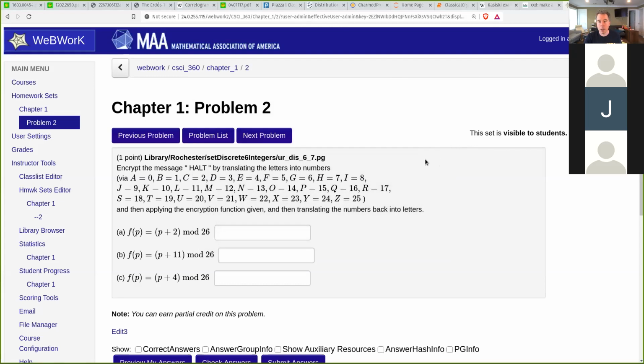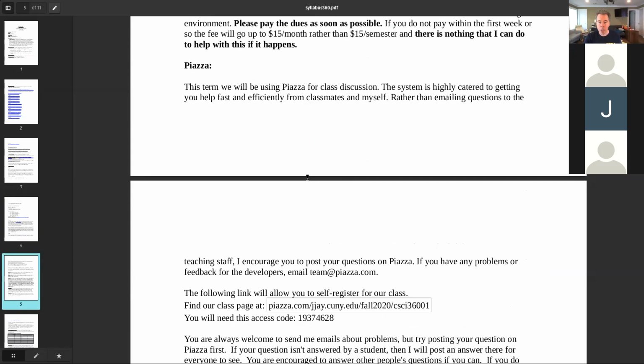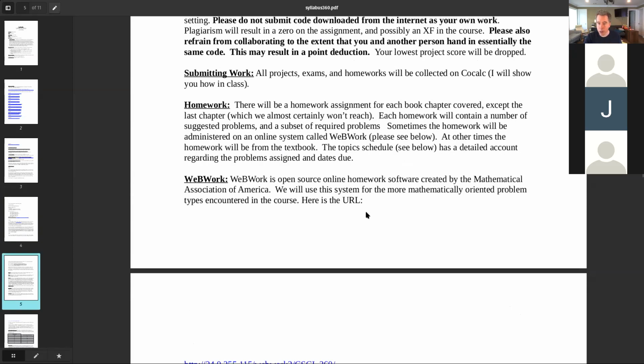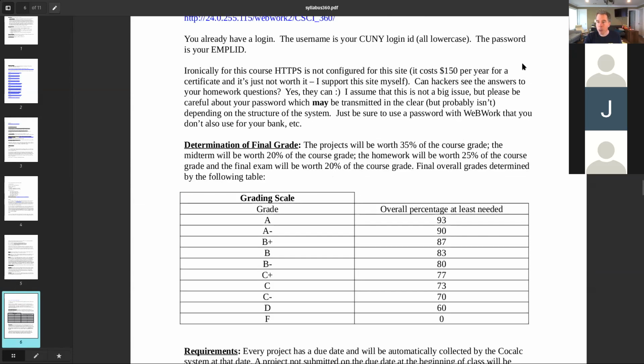Let me see, I think I have the syllabus already open here. So let's see if we can find the part of the syllabus that talks about how your grade is determined. So the projects are 35% of the course, the midterm is 20%, the homework is 25%, and the final exam is 20%.